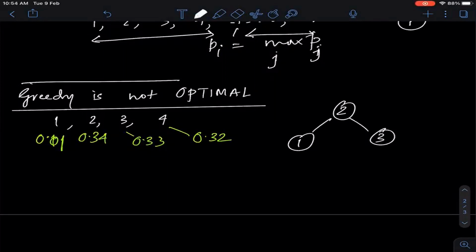And then it will just put 4 here. That's what greedy will do. But there is a different optimal solution. So I encourage you to figure that out. It will be a nice little exercise.